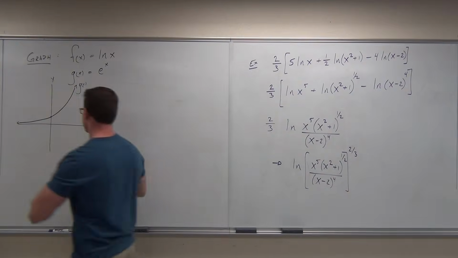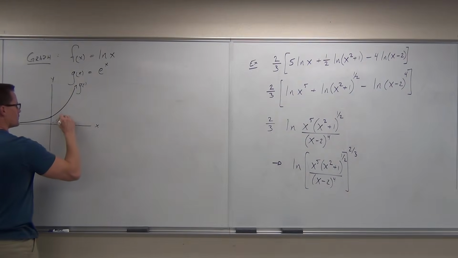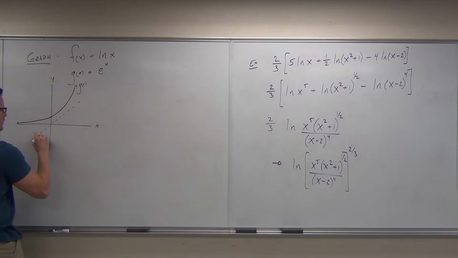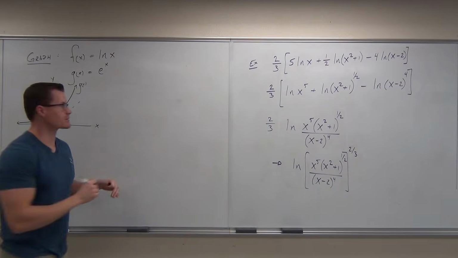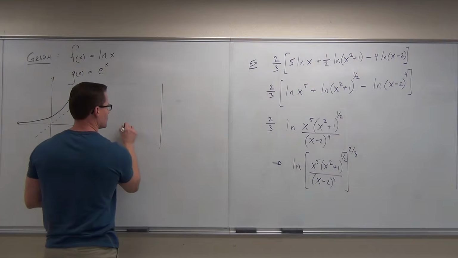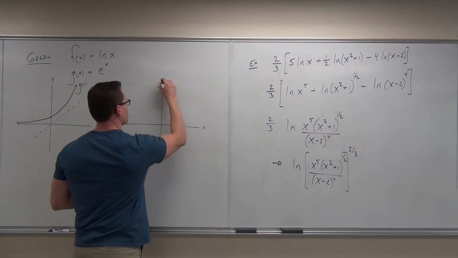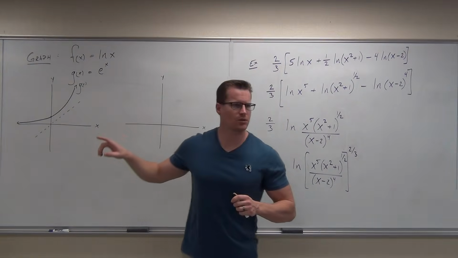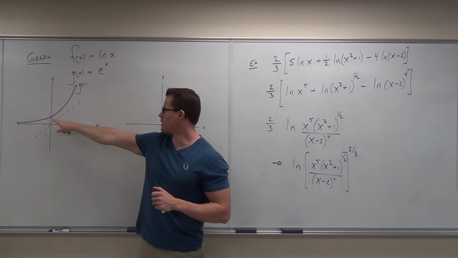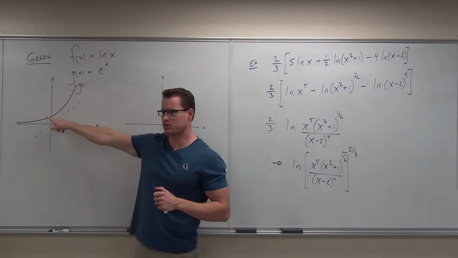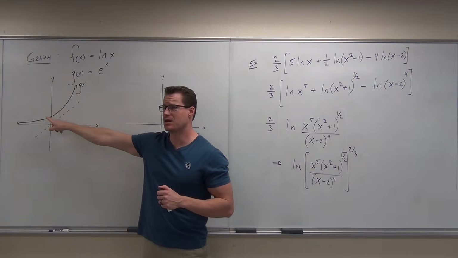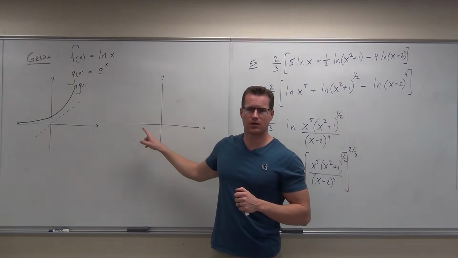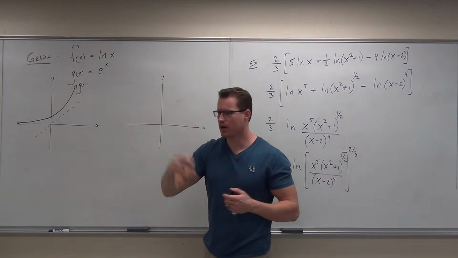In other words, if I take this diagonal right here, and I just flip it right over, that's going to give me ln x. So tell me, if 0, 1 is on my e to the x function, what has to be on my ln x function? Good, because inverses just flip the x and y.